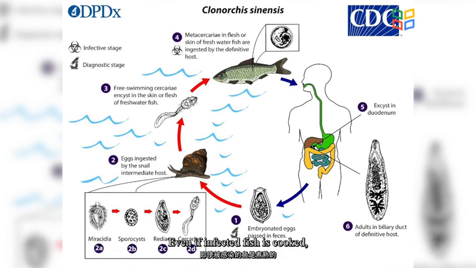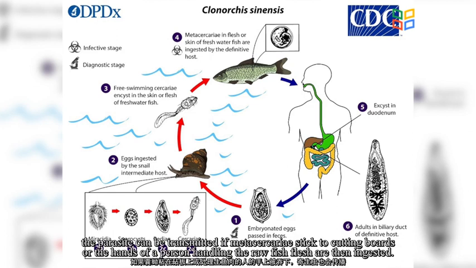Even if infected fish is cooked, the parasite can be transmitted if metacercariae stick to cutting boards or the hands of a person handling the raw fish flesh and are then ingested.